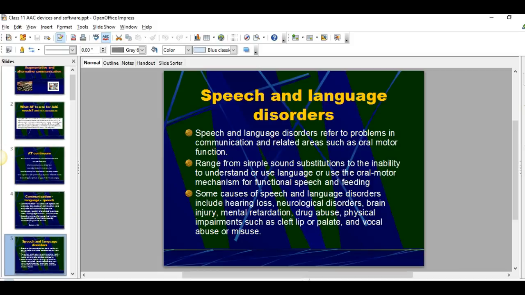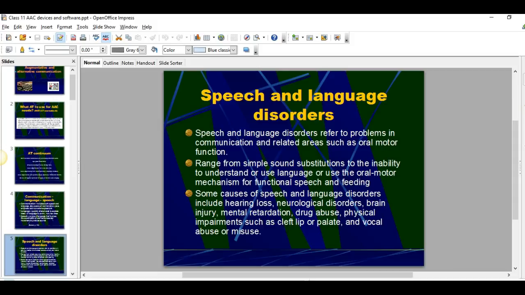Speech and language disorders are disorders where people have problems in communication and related areas such as oral motor function. They range from simple sound substitutions to the inability to understand or use language, or use the oral motor mechanisms for functional speech and reading.